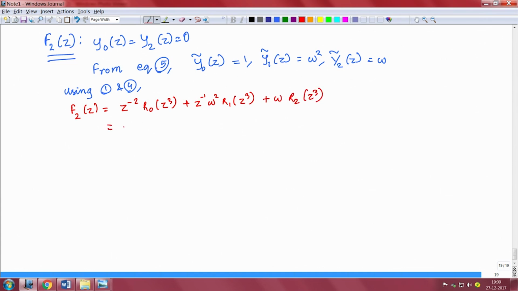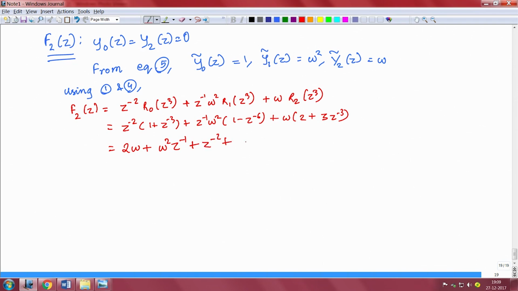So, again substituting it back, on simplification we get 2 omega plus omega square z power minus 1 plus z power minus 2 plus 3 omega z power minus 3 plus z power minus 5 minus omega square z power minus 7.